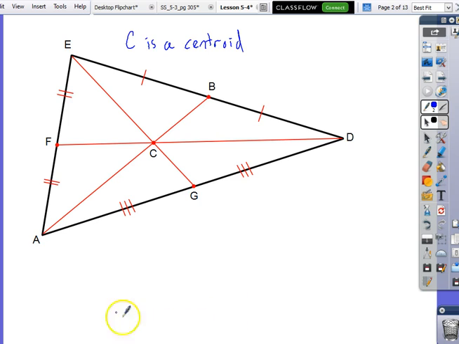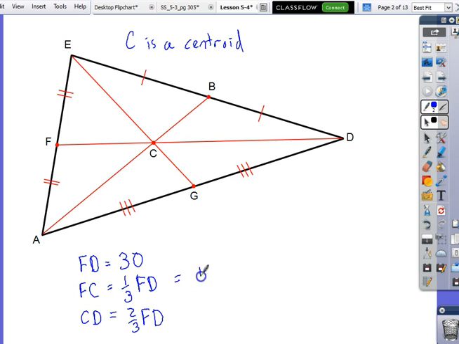All right, so for example, if I tell you that FD is equal to 30, then I know that FC is going to equal 1/3 of that, and I know that CD is going to equal 2/3 of that.